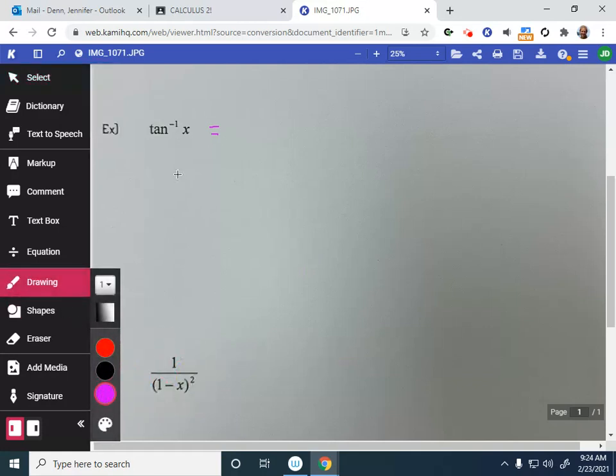I have a place, because I know what the series is for 1 over 1 plus x squared. I know that series starts with a is 1, r is going to be negative x squared, so I'm going to have 1 minus x squared, plus x to the 4th, minus x to the 6th, and so on. So I know my series for that.